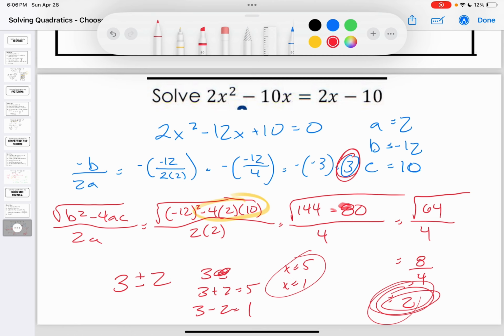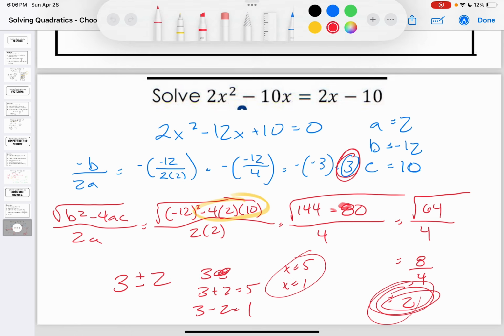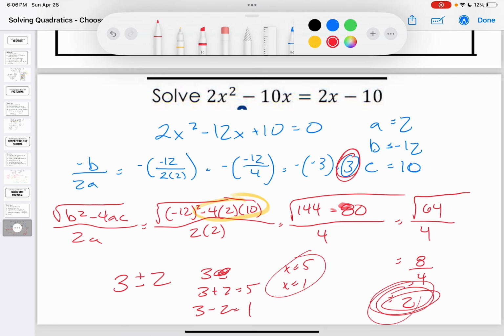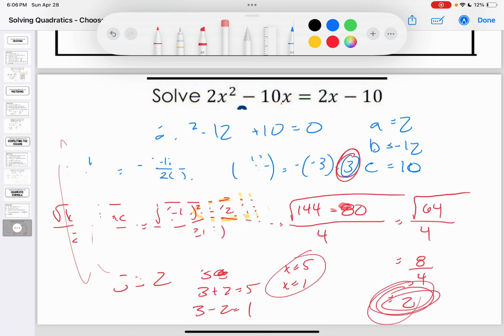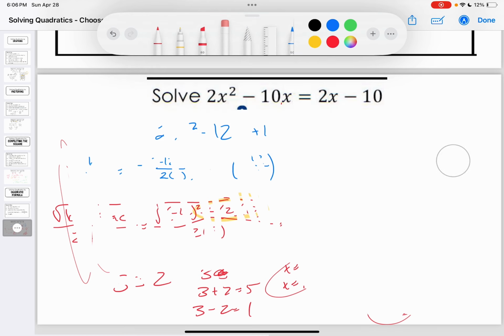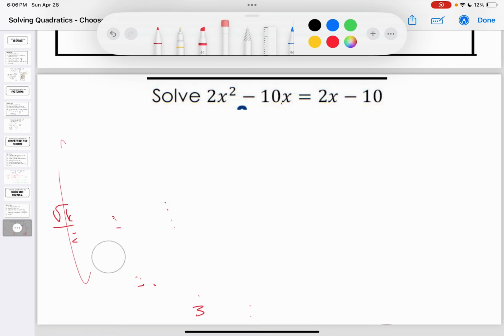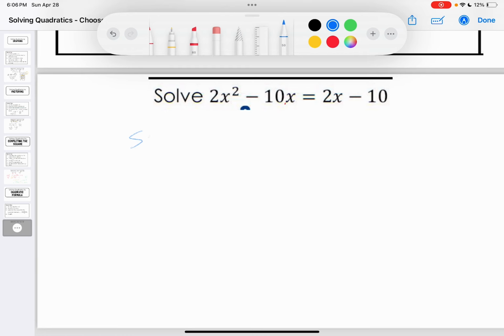The only one we didn't have on there was solving by square roots. When we're solving by square roots, again, that's kind of a specific type of problem.